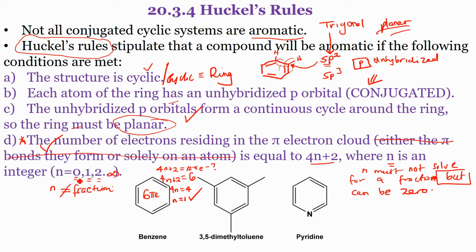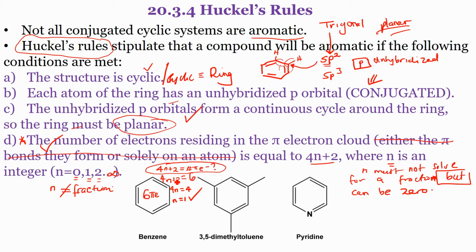And then the last rule, number 4, which in my brain I usually consider first. You use the 4n plus 2 equals the number of pi electrons. That's the equation. I have 6 pi electrons, for example, in benzene.